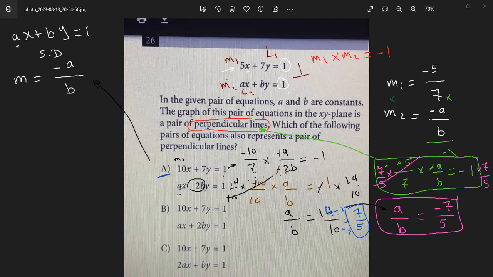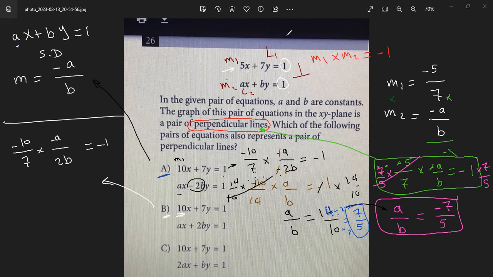Now we move to B. Here m1 times m2 must equal negative 1. m1 is negative 10 over 7, multiplied by negative A over 2B.